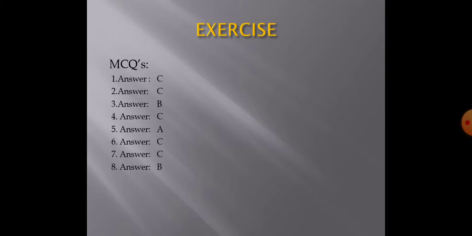Number 8, HIV primarily infects helper T cells. Number 9, poliomyelitis affects motor neurons. Number 10, HIV attaches to CD4 protein. And number 11, hepatitis D is caused by viroids.